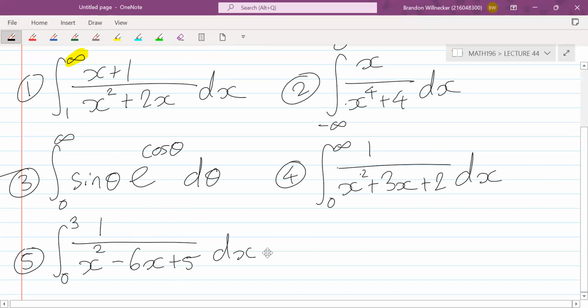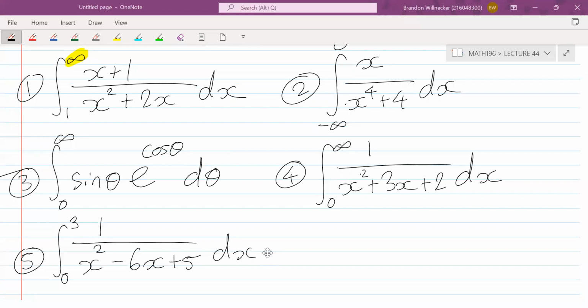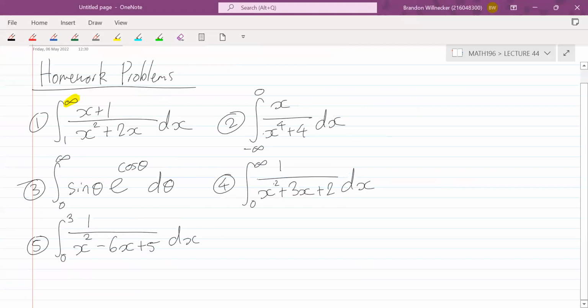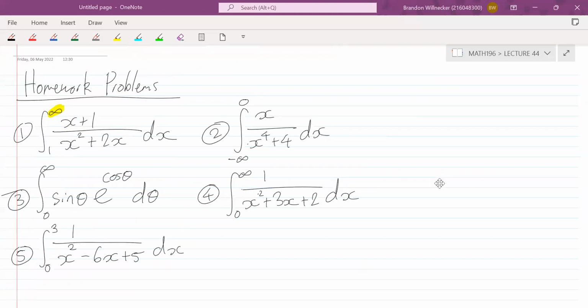Okay, so again, check that denominator. There could be some vertical asymptotes there. Okay, so these are the homework problems for today. Some of them with infinite bounds, some of them with asymptotes, and then this number 4, it might have both, might have infinite bounds and an asymptote. You're going to have to check.